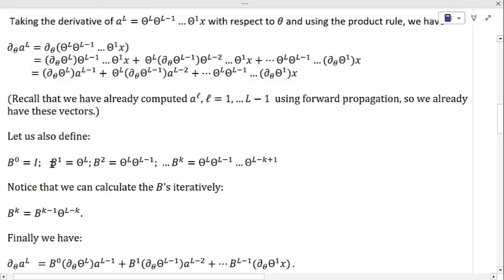So you can see that the B's you can compute iteratively. If I know B_{K-1}, I simply multiply B_{K-1} times theta_{L-K}. So I can compute these one by one very easily. I can simplify this expression by replacing the matrices in front with B's.